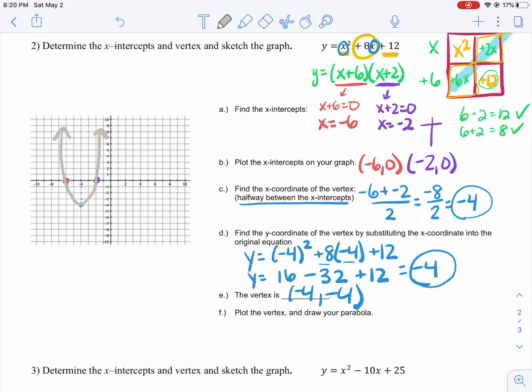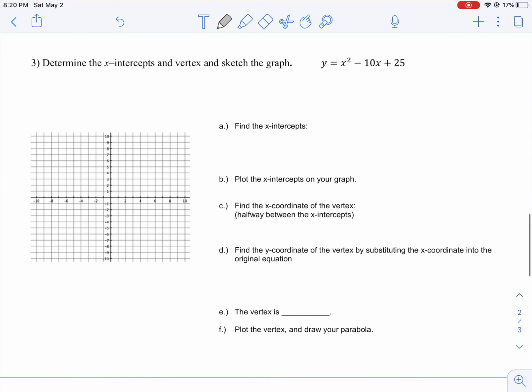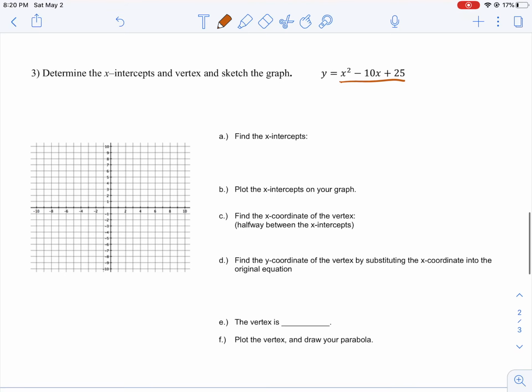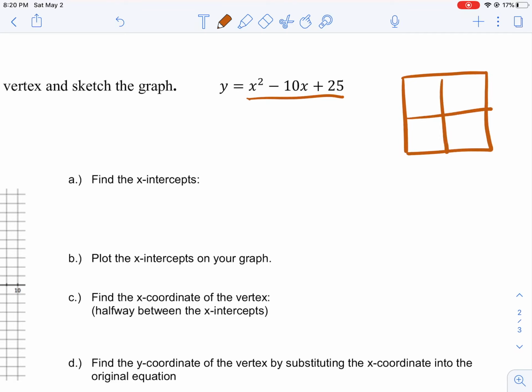All right, and we're going to do one more example together, number 3. Again, not in factored form, so we need to factor it. We'll use our square here. You have x squared needs to add up to negative 10x and then plus 25.